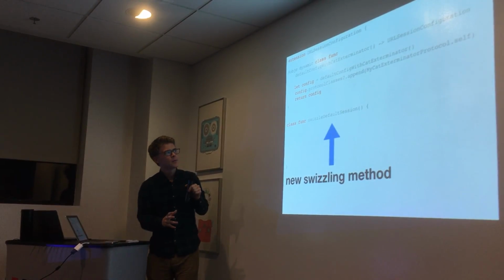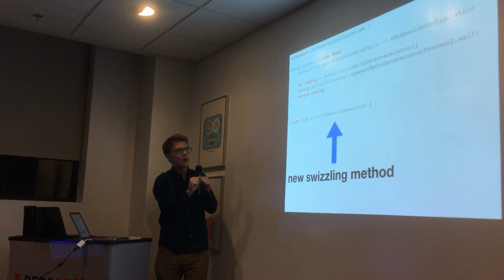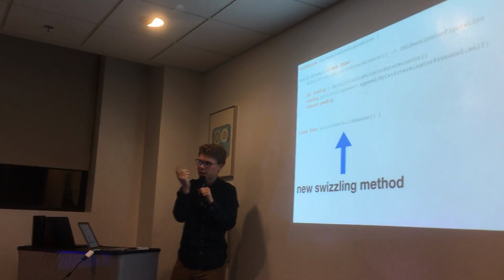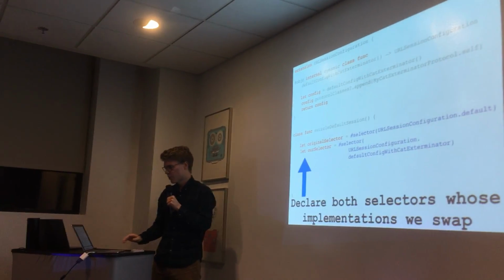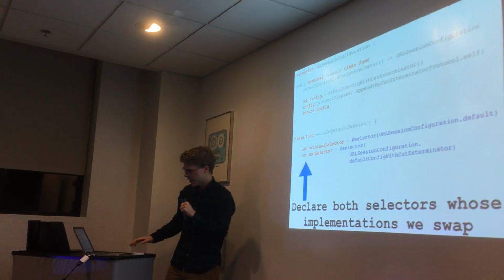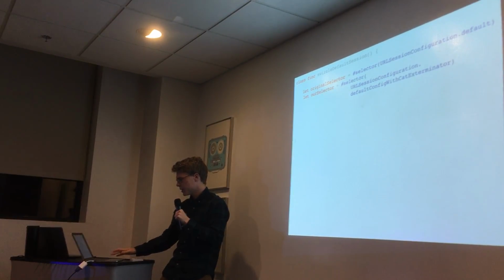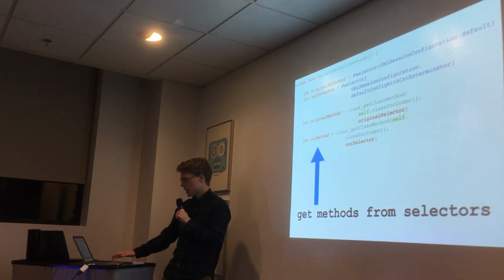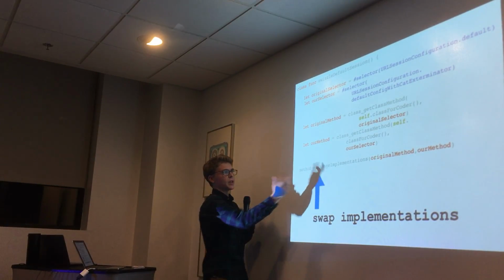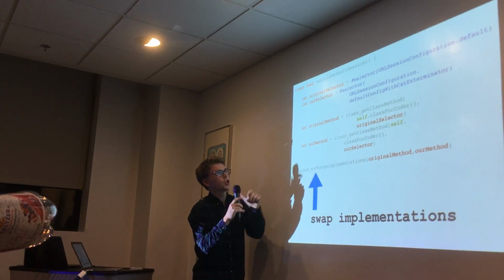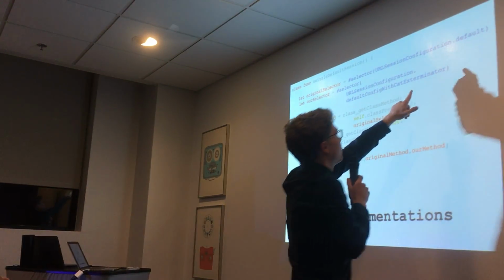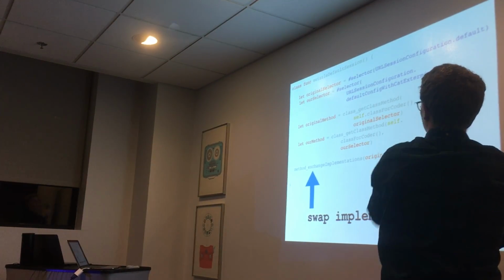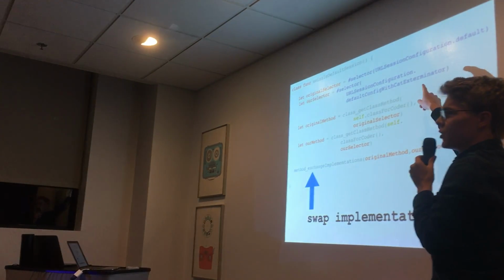So be very careful. And then this will define a function to actually do the method exchange, where we swap implementations, and we do that by getting the selectors, and then we get the functions from the selectors. And then we actually swap the implementations. So we will exchange the URLSessionConfiguration.default, which is what Alamofire uses, with our own implementation, right?